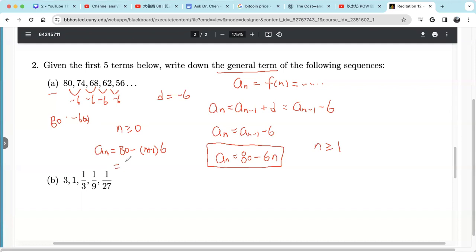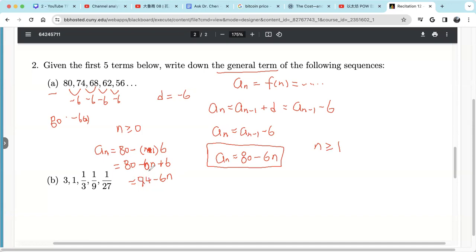And we can simplify this a little bit. Oh, n minus 1, sorry. n plus 1 wouldn't work. In the end, we want the n plus 1, so in this case we want to do n minus 1. So 80 plus 6, that's 86.